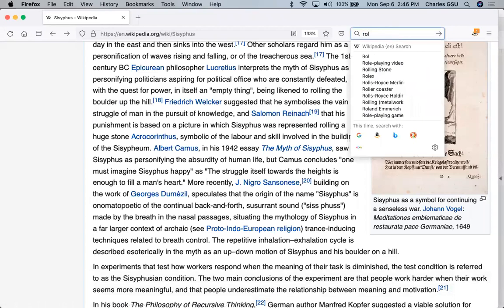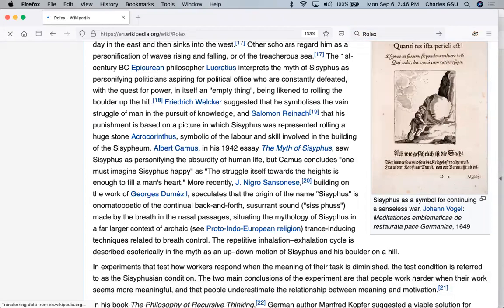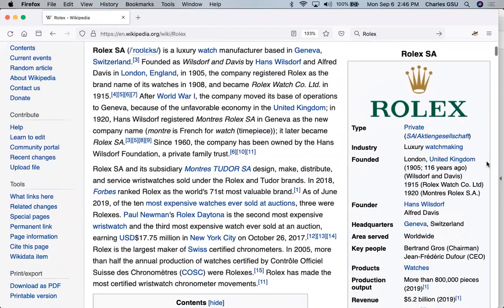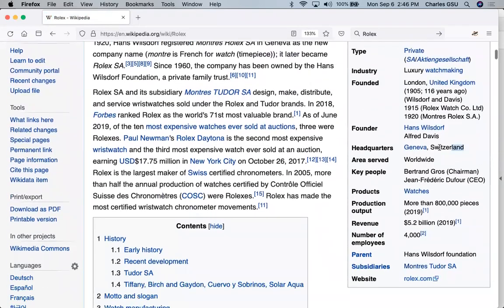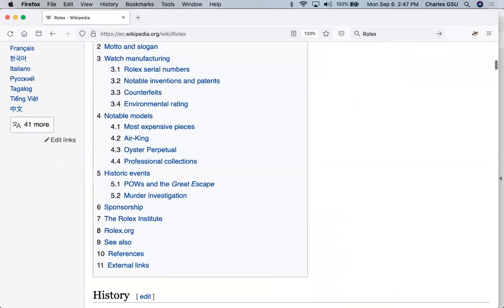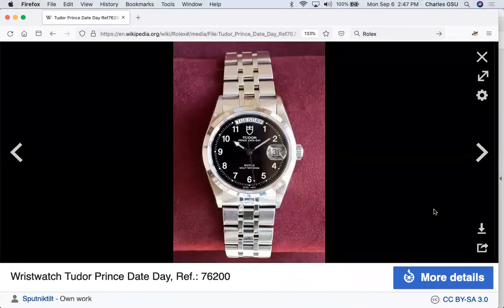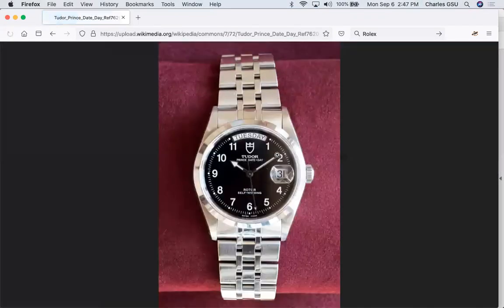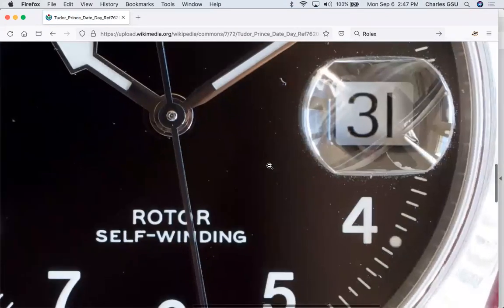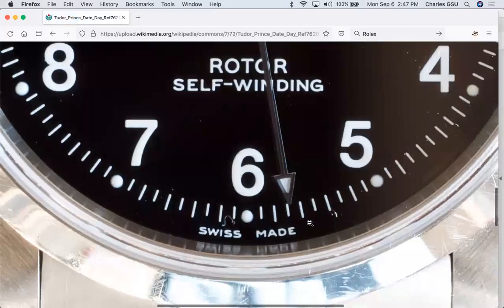Many of you might know, or even some of you might own, an authentic Rolex, which, as you can see, is made in Switzerland. The Swiss have been well known for centuries now for making really fine watches. If you look at the bezel, the face of a watch, you'll see down here, Swiss made, right?